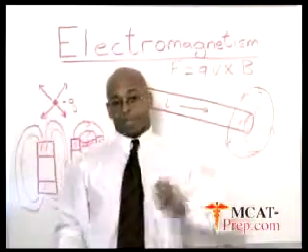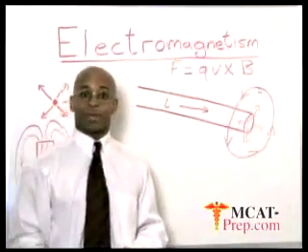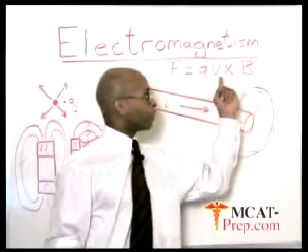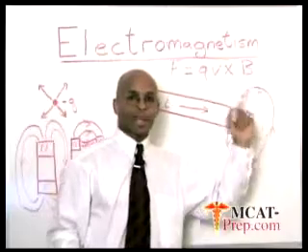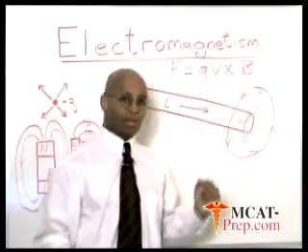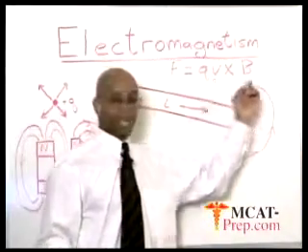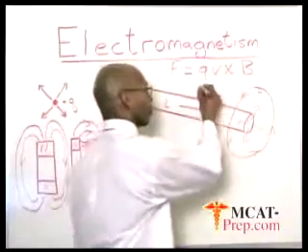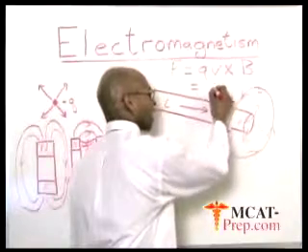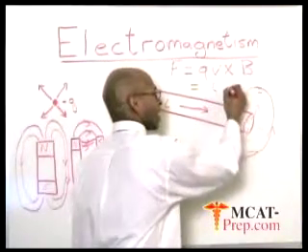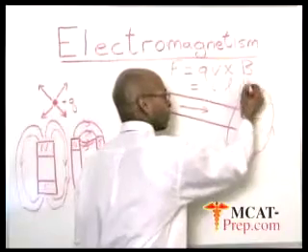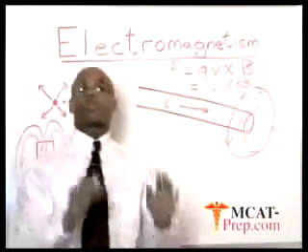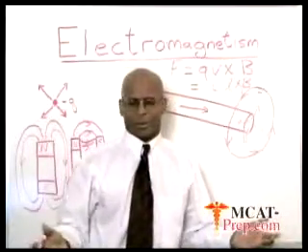Now it's V cross B. This is called a cross product, and a cross product means that in actuality it's QVB sine alpha, and alpha is the angle between V and B. So that's a cross product. This can also be written as ILB, or IL cross B.